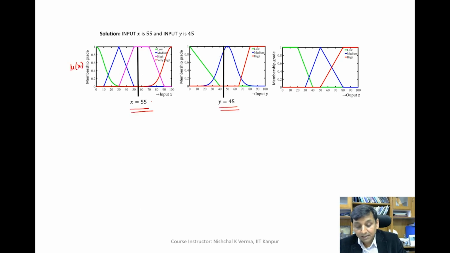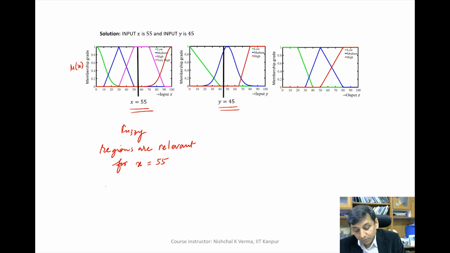So I can write here: the fuzzy regions applicable or relevant for X is equal to 55.